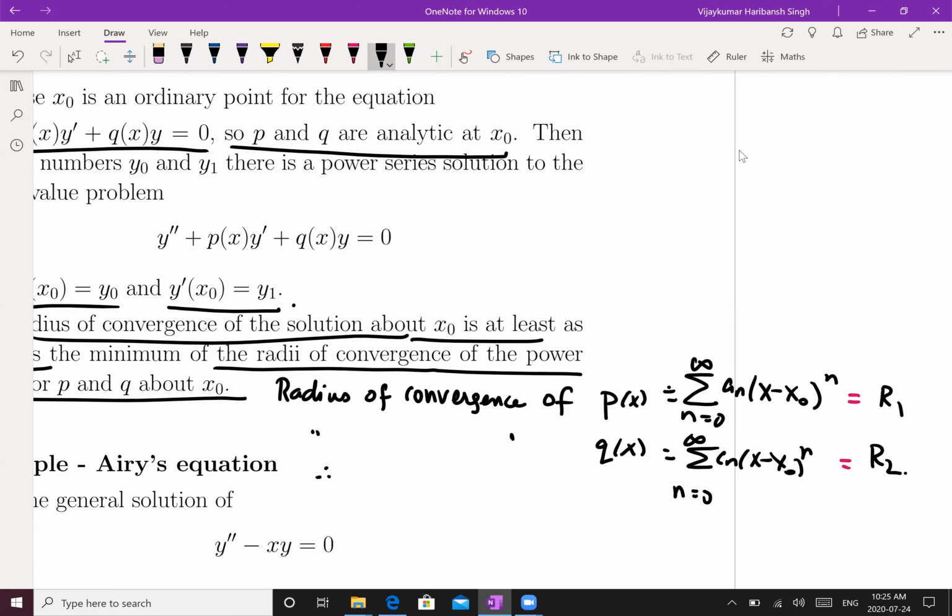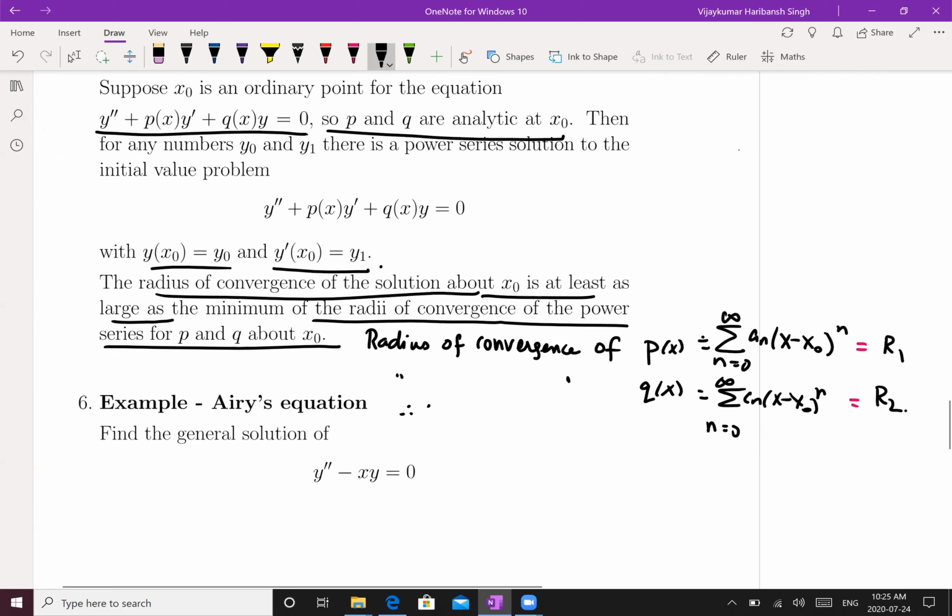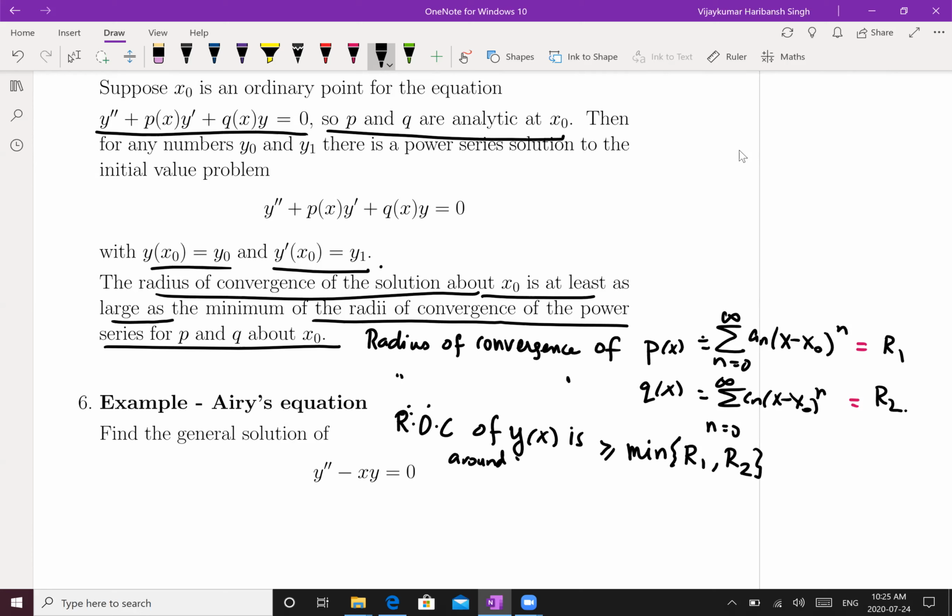Then the radius of convergence of the solution y of x is greater than or equal to the minimum of R1, R2. This is happening around x naught.